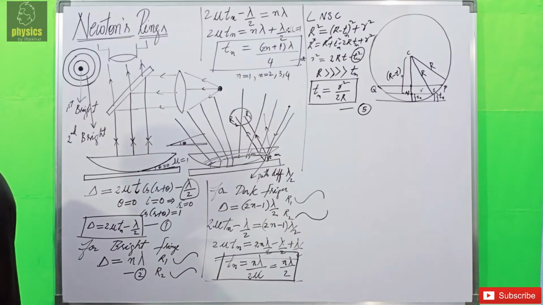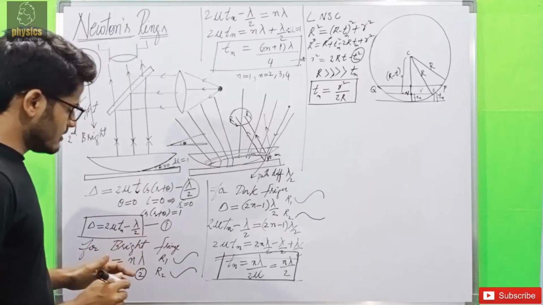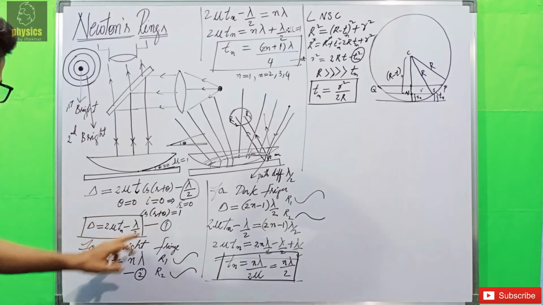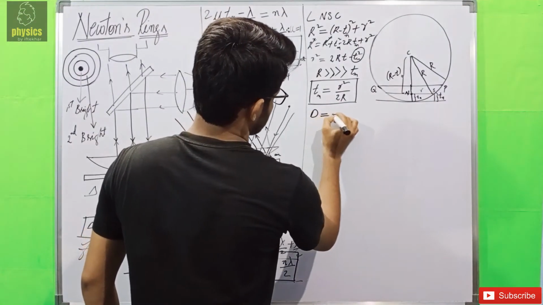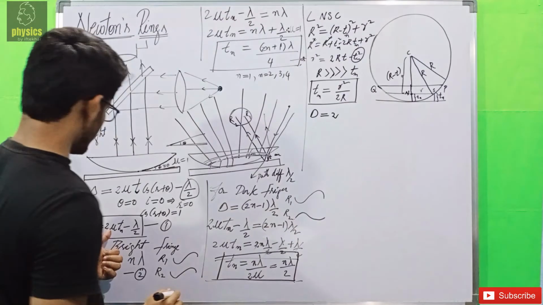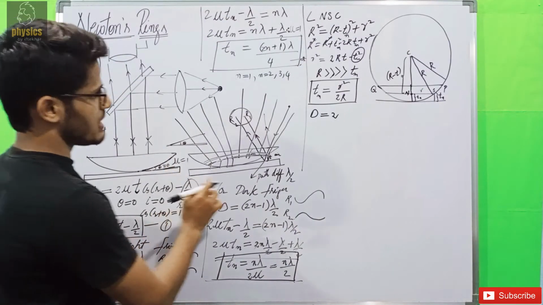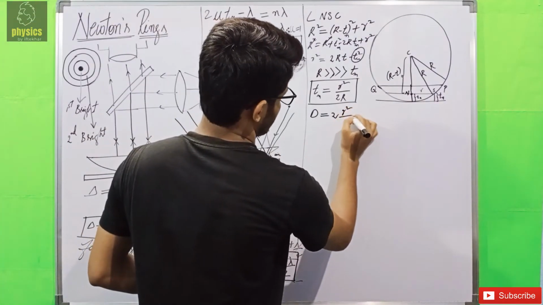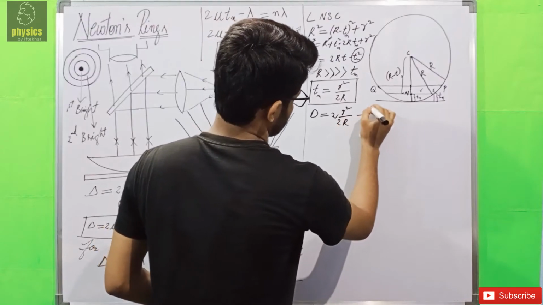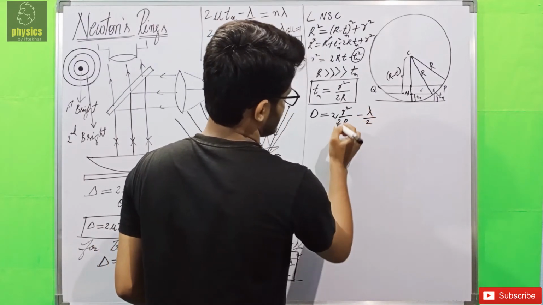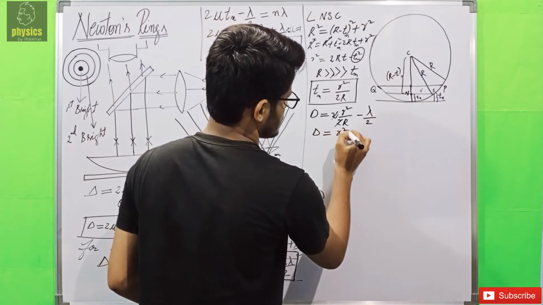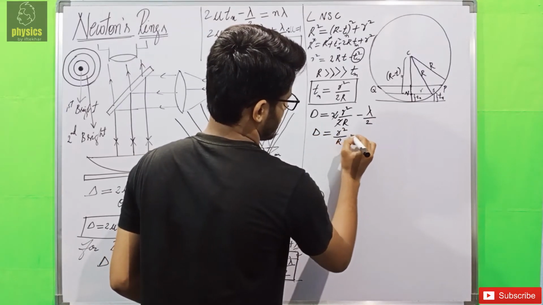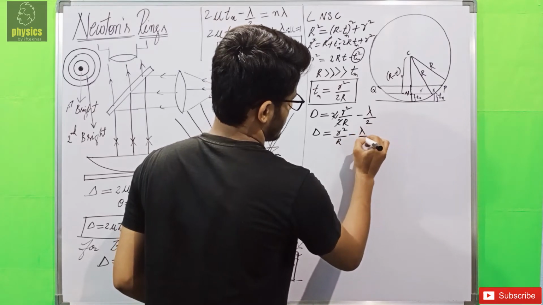So to find out the diameter of dark and bright fringe, after getting the thickness, we have to substitute that thickness in this equation. Delta is equals to 2 times mu, with mu equals 1, then T sub n is equals to r square by 2 capital R, minus lambda by 2. This 2 will get cancelled out. The path difference is equals to r square by capital R minus lambda by 2.